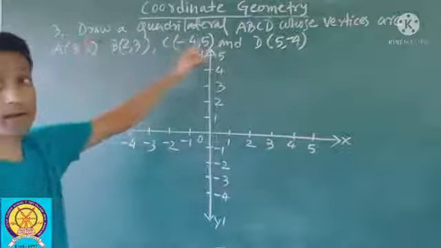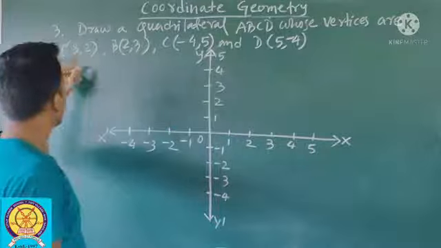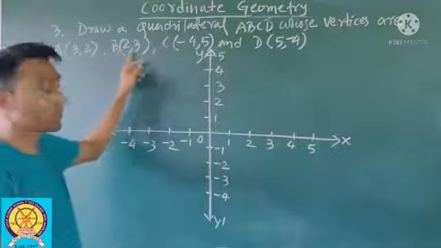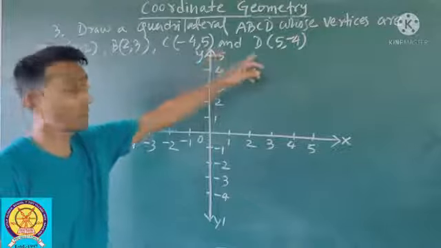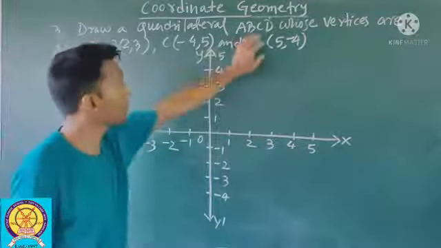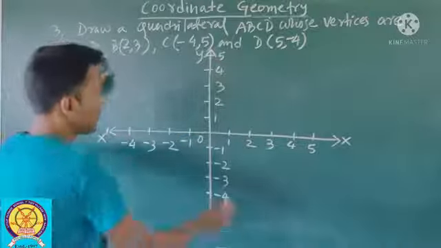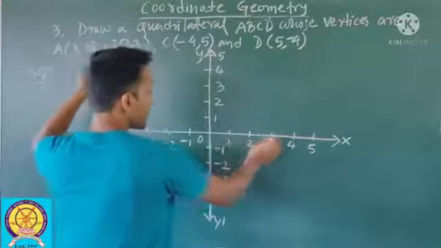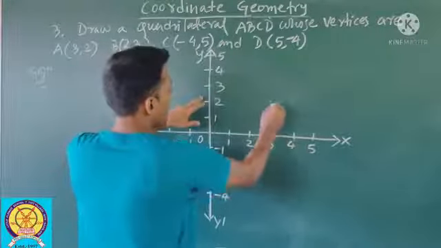Draw a quadrilateral ABCD whose vertices are A (3, 2), B (2, 3), C (-4, 5), and D (5, -4). So you plot these coordinates in a Cartesian plane. First (3, 2): x is 3, 1, 2, 3, and y is 2, 1, 2.